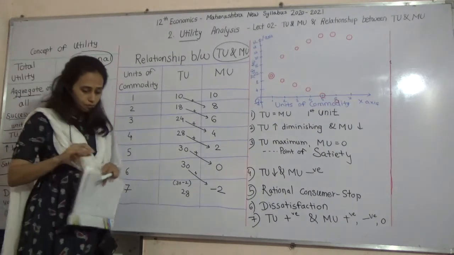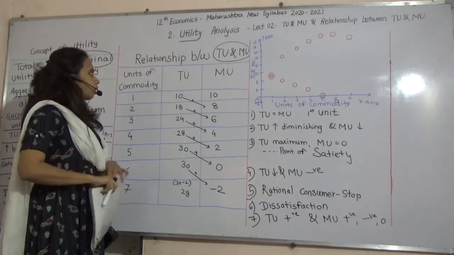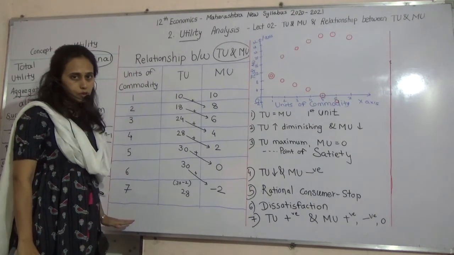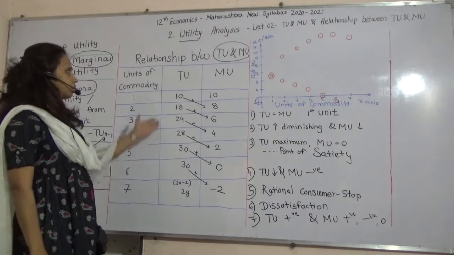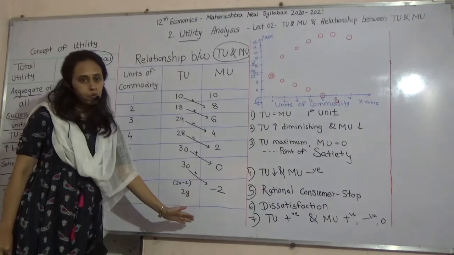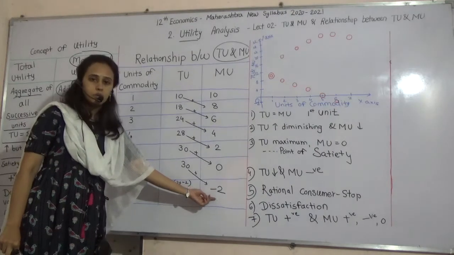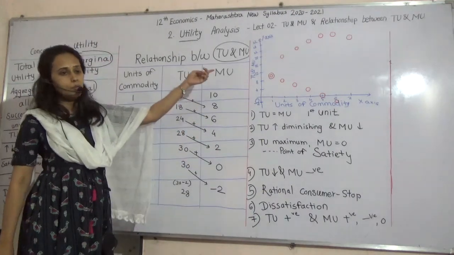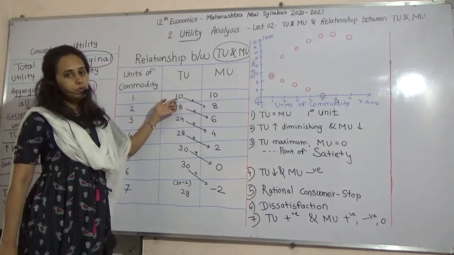So remember what we have done. We have assumed that we have consumed a total of 7 units. Then, instead of TU, I have started with MU. And the MU of the last unit is -2, then 0, then 2 stable. Initially both will be the same.